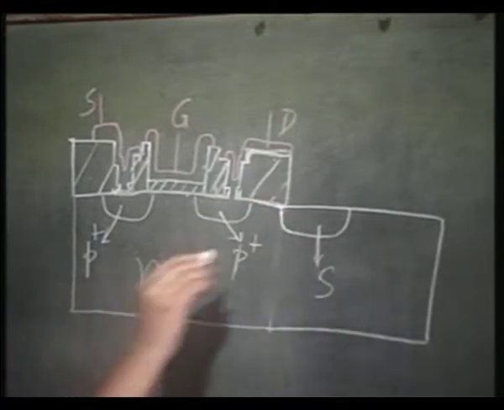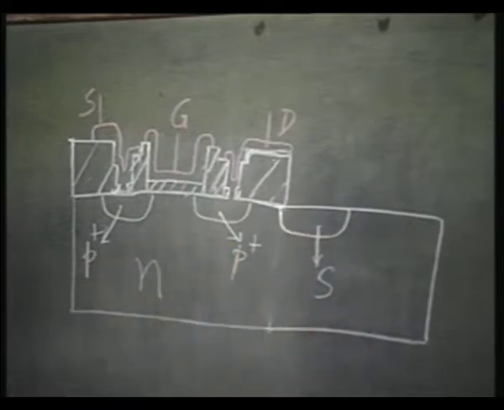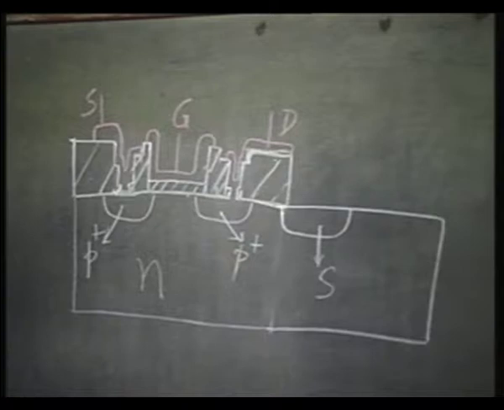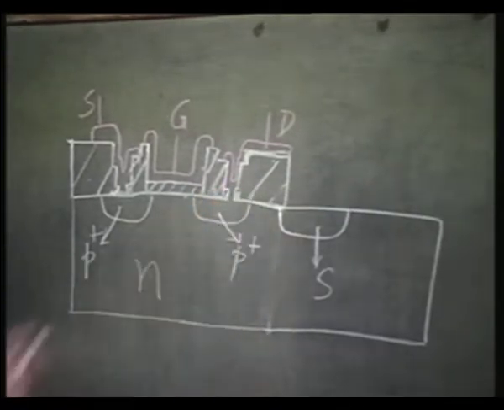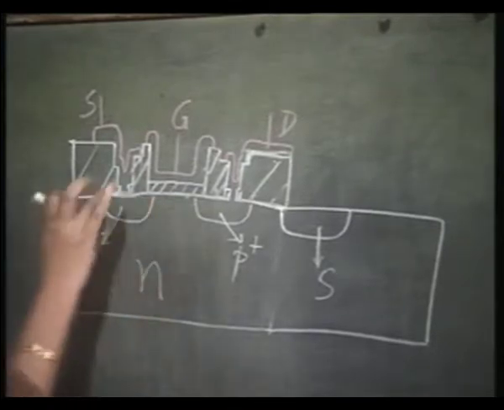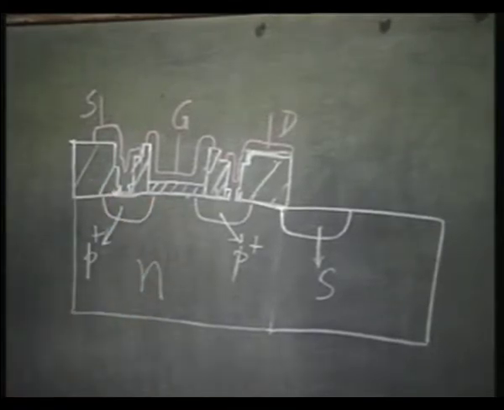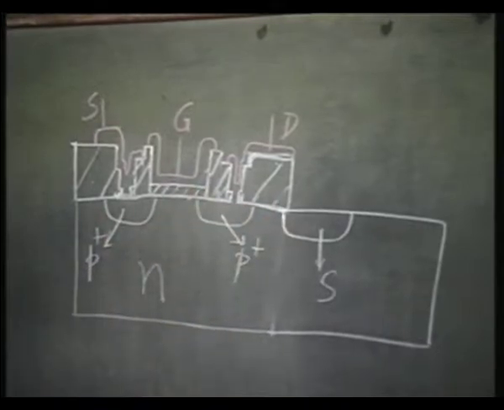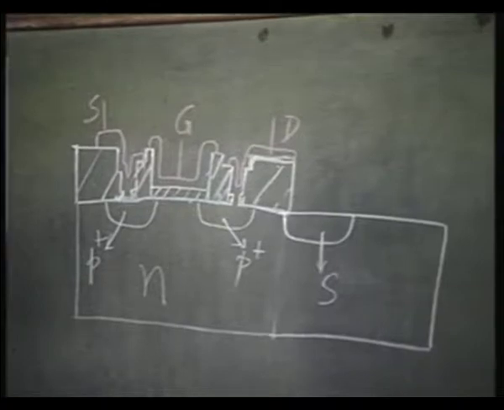So, you see, I have the source and drain of two different MOSFETs, and in between I have a thick field oxide. So, this is the parasitic MOSFET. This is your active MOSFET with the thin gate oxide, and this is the parasitic MOSFET in which you have between the two source and drain regions a thick oxide.